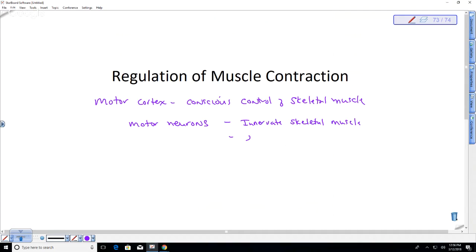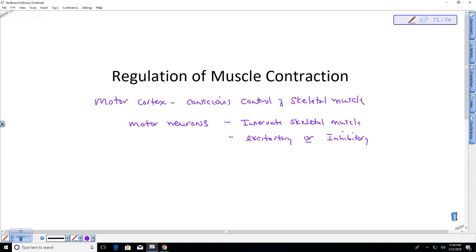They can be both excitatory or inhibitory, right? So sometimes a motor neuron needs to relax one muscle so the other muscle can contract. And when did we talk about that? Where you have to relax one muscle so the other one can contract. Anybody remember when we talked about that? That was in the knee-jerk reflex, right?